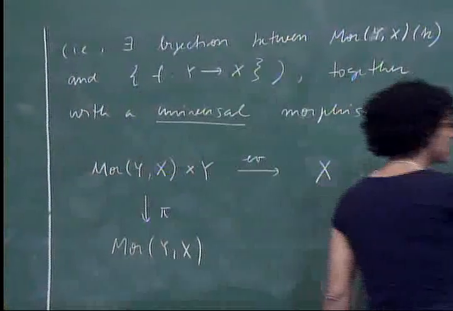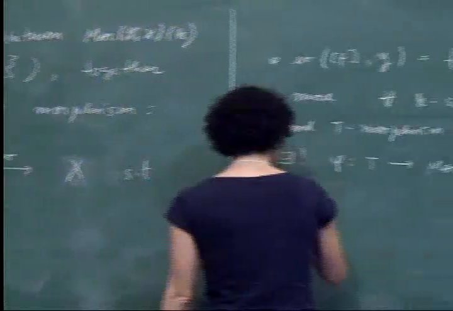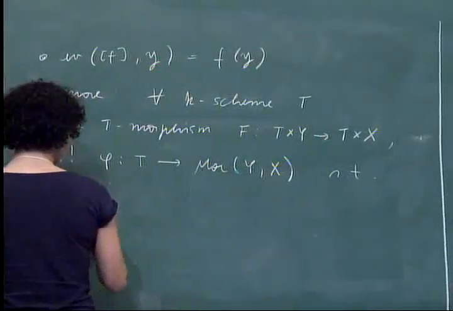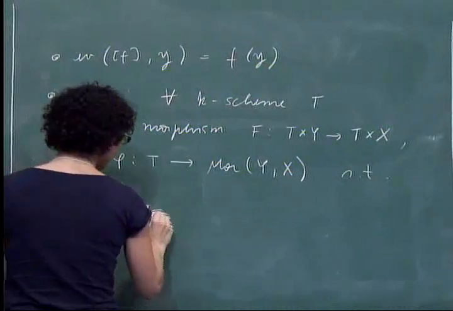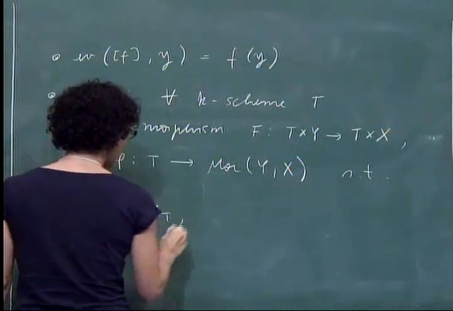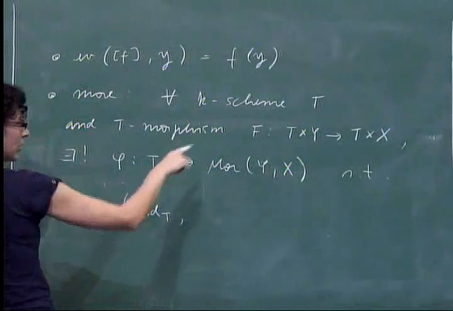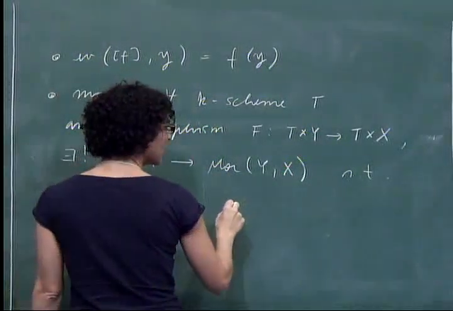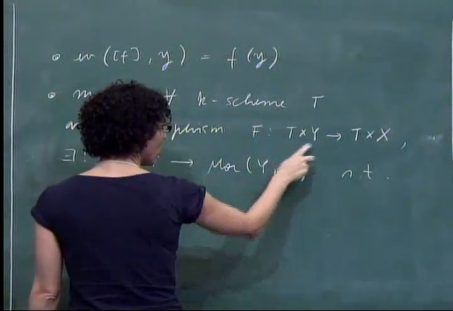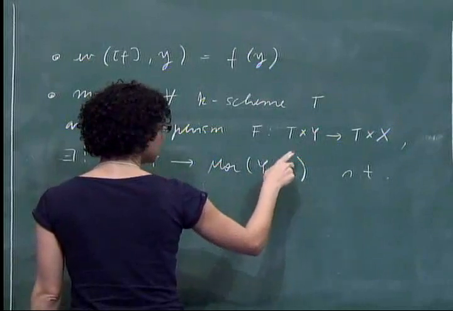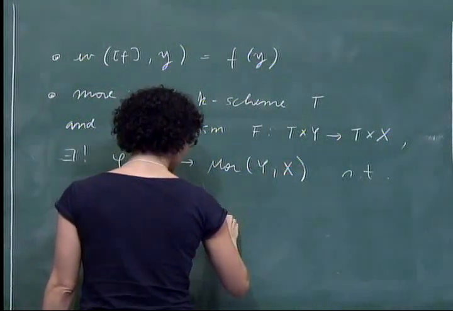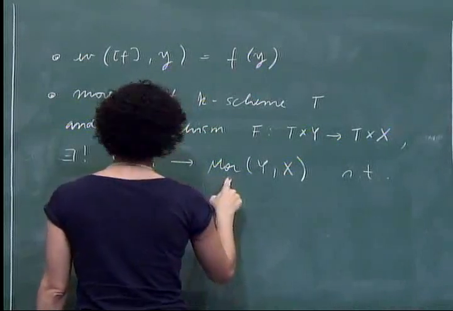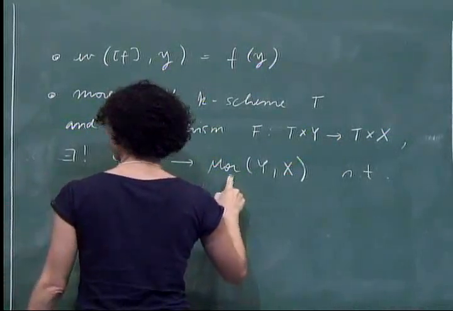So such that this morphism F is given in the following way: this is the identity on T, and on the other side we take phi from T to Mor, and then compose this with the evaluation morphism.